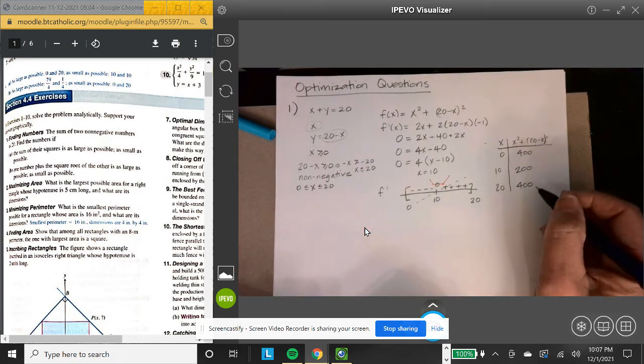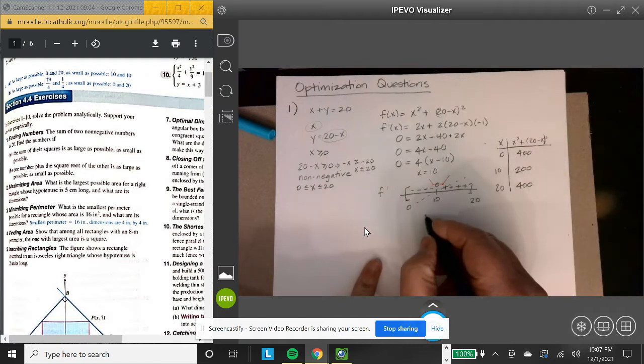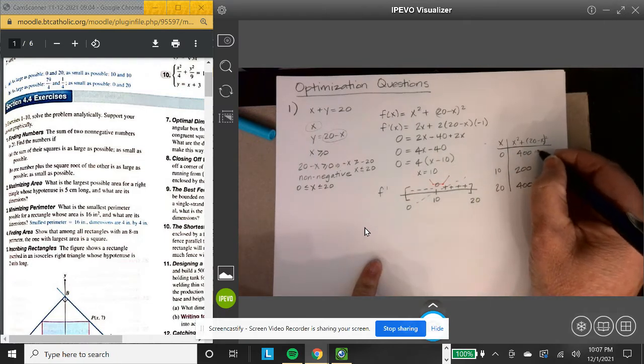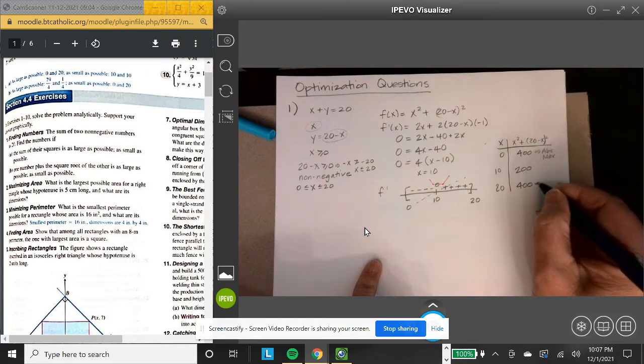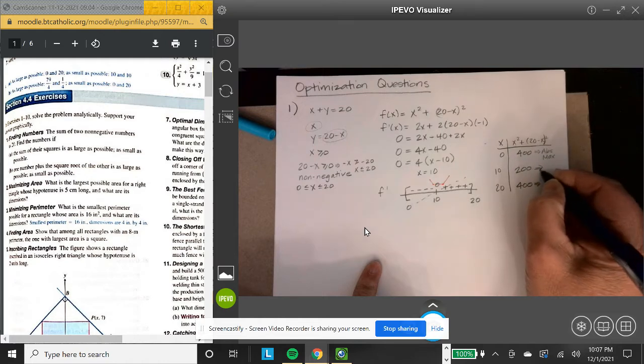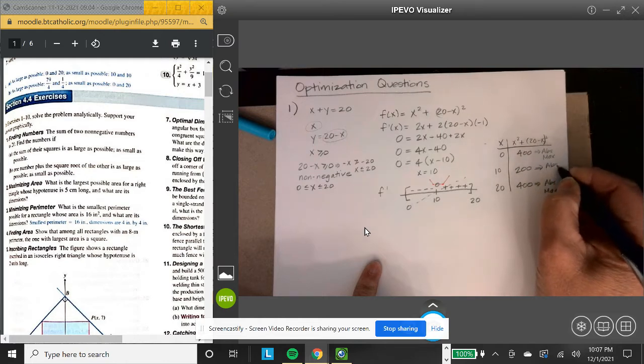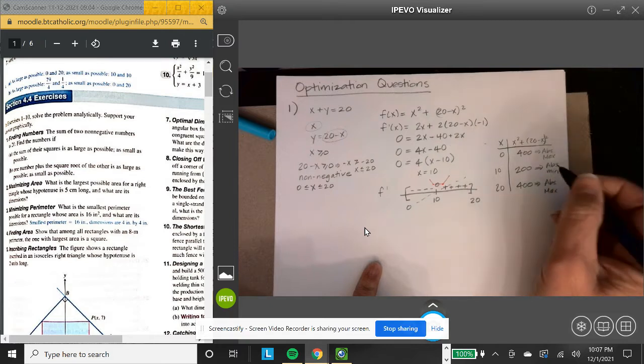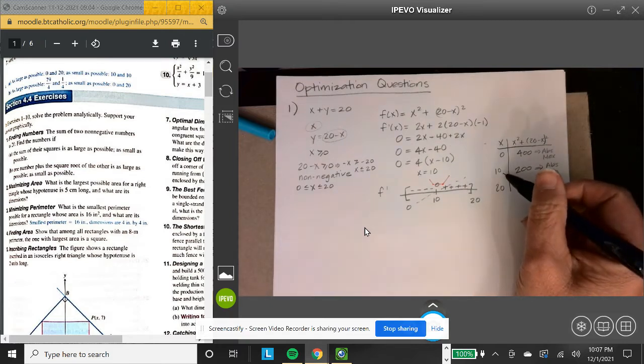So the absolute max occurs when the numbers are 0 and 20. And the absolute min occurs when x is 10. If x is 10, the other number has to be 10, right?